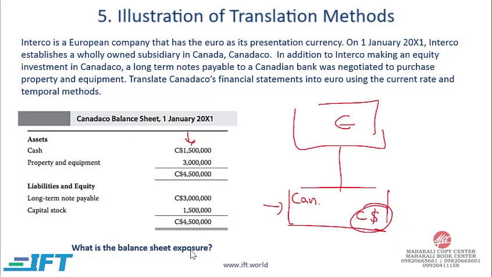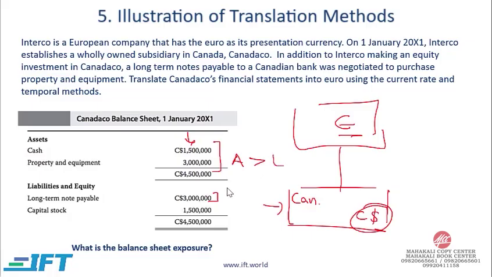If we use the current rate method and translate all the assets from Canadian dollars to euro and translate the liabilities from Canadian dollars to euro, then note that the exposed assets, which is essentially all the assets, exceed the exposed liabilities.